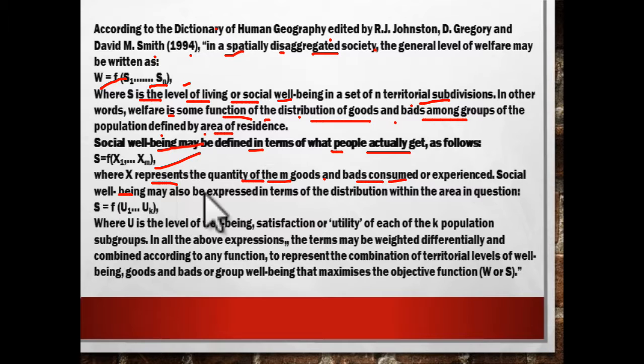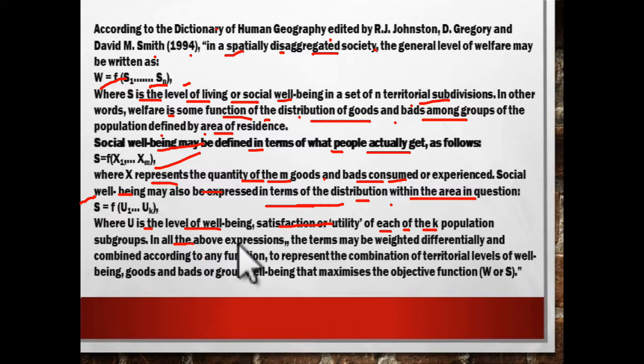Social well-being may also be expressed in terms of distribution within the area in question. S equals F(U1 ... UK), where U is the level of well-being, satisfaction or utility of each of the K population subgroups.